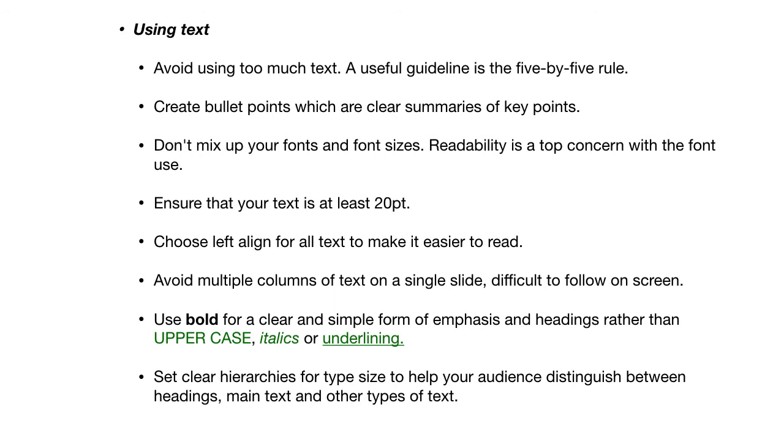I will tell you what the 5 by 5 rule is. The slides should have no more than 5 bullet points, and each bullet point should be no more than 5 words long. So on one slide, not more than 5 bullets, and each bullet point no more than 5 words.